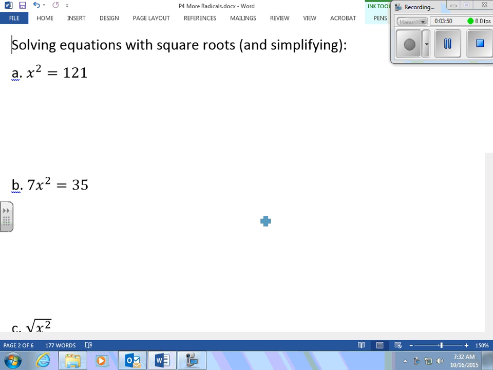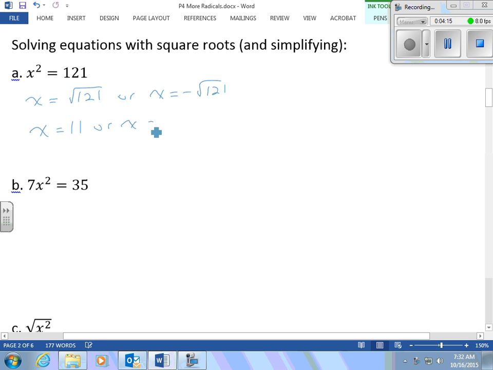So if I look at this equation, I'm going to take the square root of both sides so that x equals the square root of 121, but I have to consider the negative root as well. So I can say x is the square root of 121 or x equals the negative root of 121, which would give us x equals 11 or x equals -11.